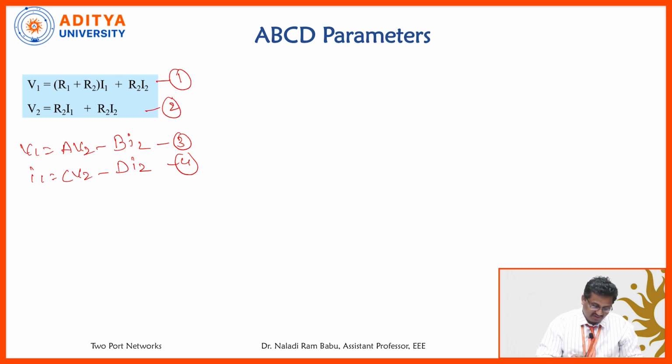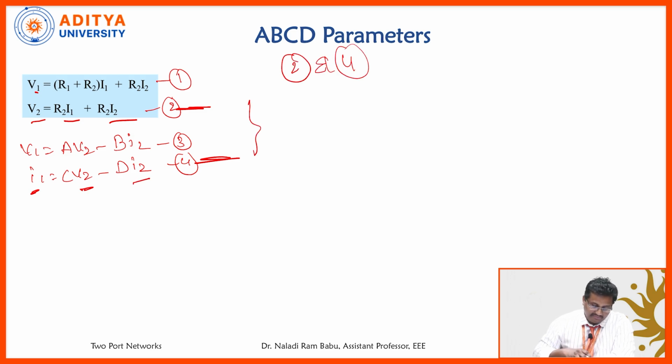Now, take equation 1 and equation 3. In equation 1, V1, I1, I2 are there, but in equation 3, V1, V2, I2 are there. So, this is not suitable. Now, let us go for equations 2 and 4. In equation 2 we have V2, I1, I2, and in equation 4, I1, V2 and I2 are there. Now, compare equations 2 and 4. I am rearranging equation 2 in terms of 4.